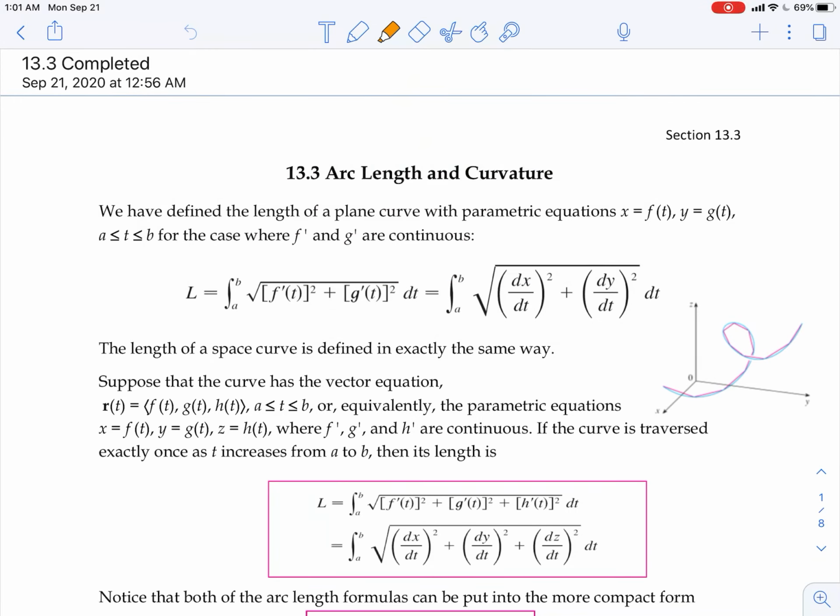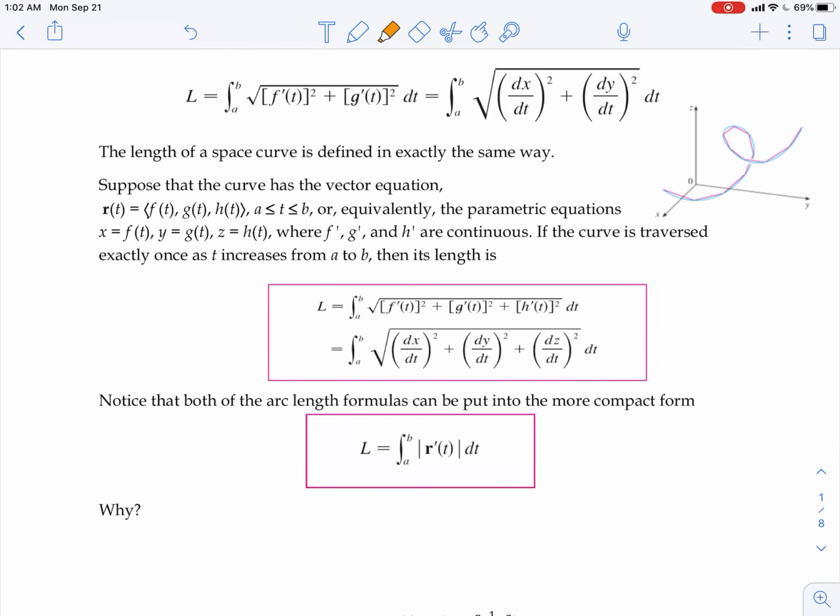It's very similar to what you learned last year in Calc BC. It's the same formula. We're just extending it and adding in that third component.